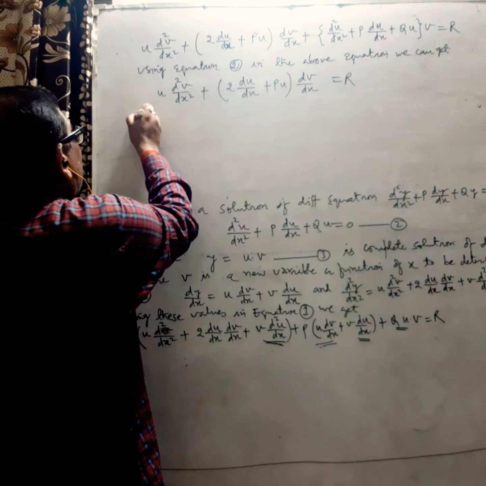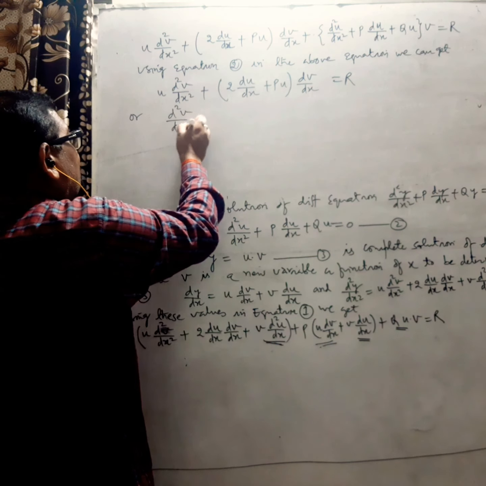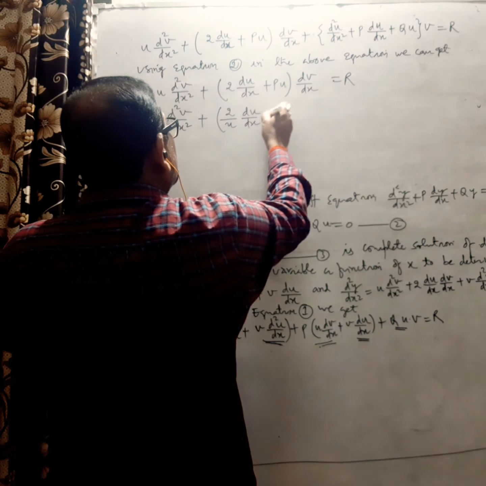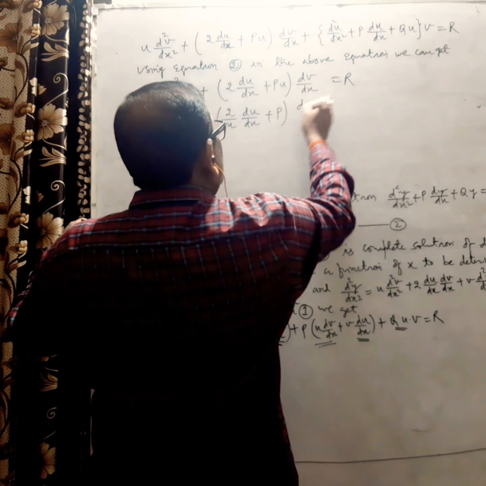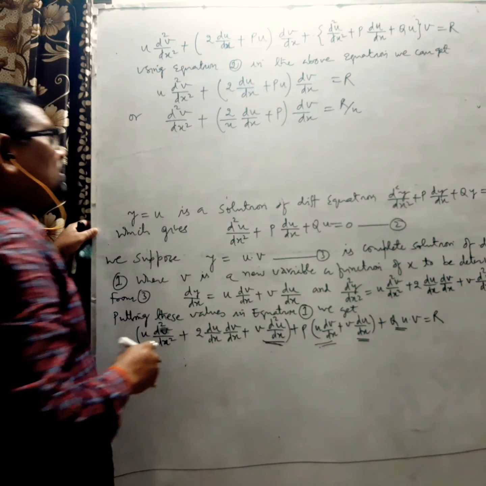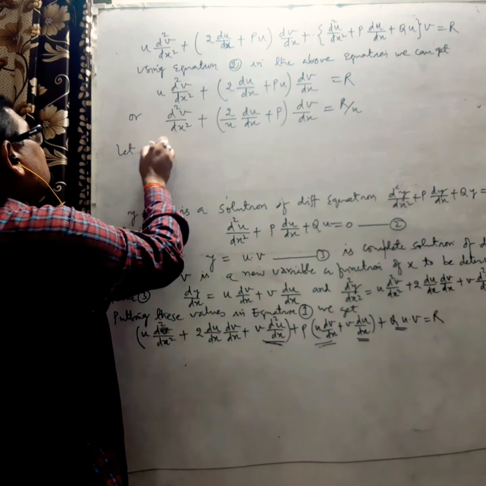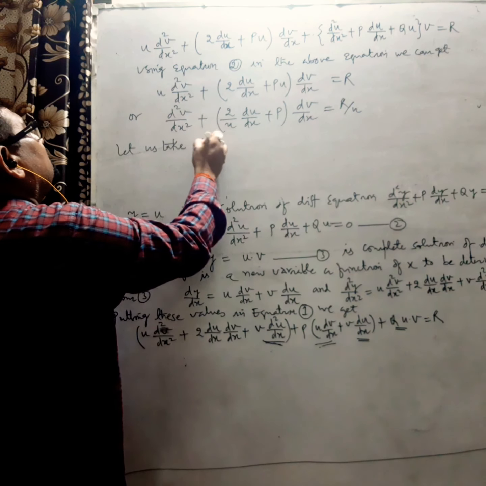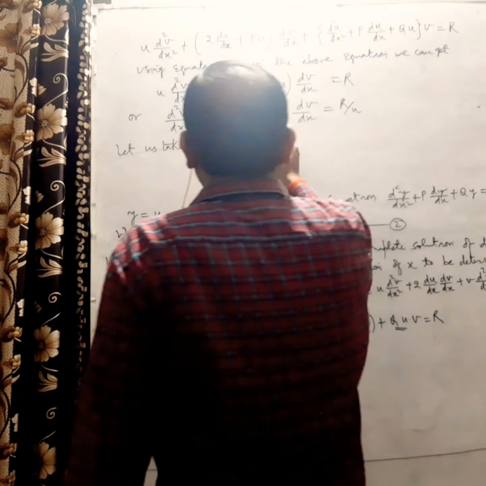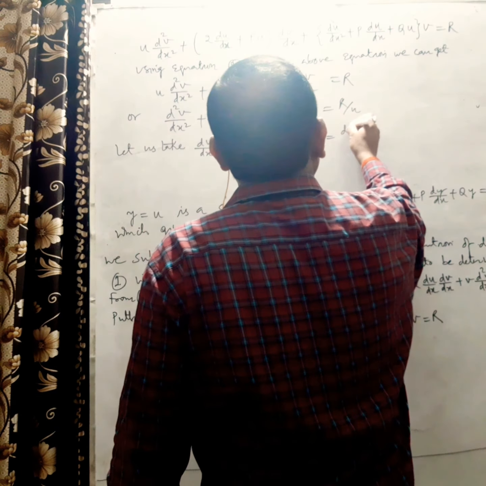Now this further can be written, by dividing by u, as d2v upon dx square plus 2 upon u du upon dx plus p dv upon dx is equal to r upon u. Let us take dv upon dx equals small p, and d2v upon dx square is equal to dp upon dx.